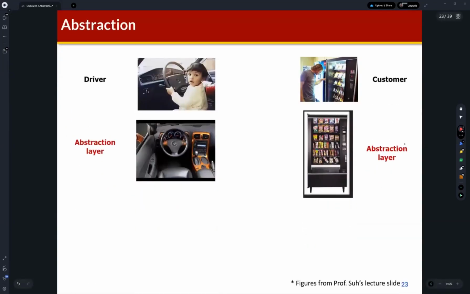So let's think about abstraction. What is an abstraction? If you read a research paper, you can find that each paper has an abstract section. In Korean, the terminology abstraction is called choro, right?